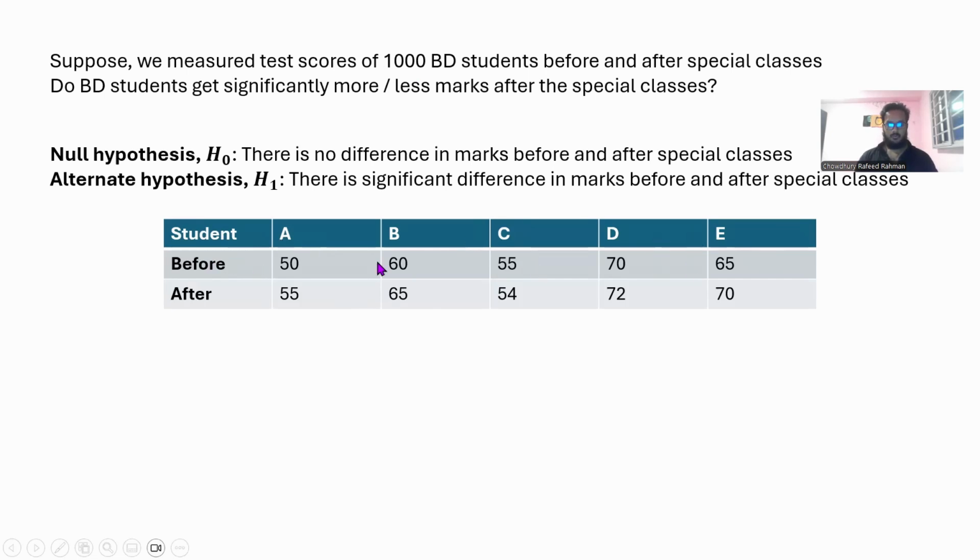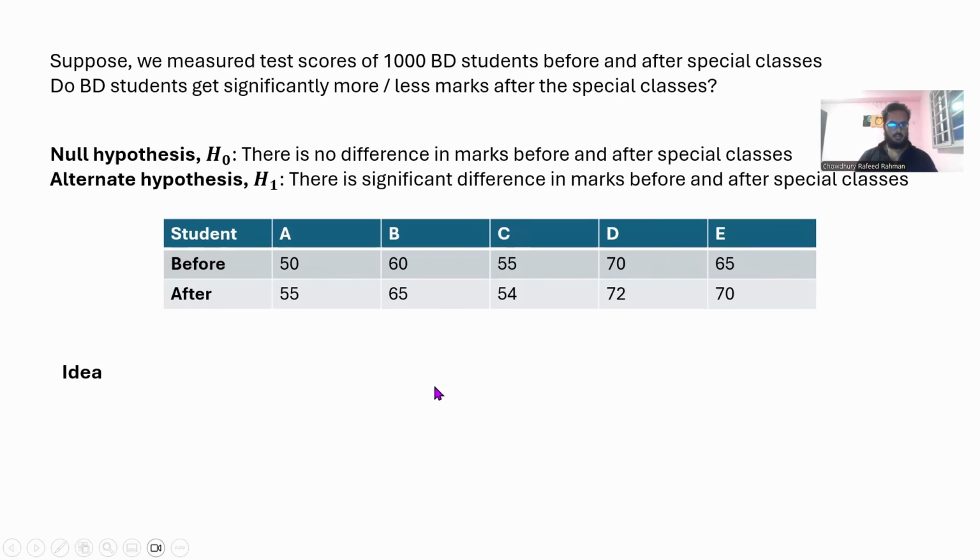These are the before marks and these are the after marks for each of the 5 students. By eyeballing these numbers, we can see that the numbers are growing, but in one case it is also decreasing. But in statistical testing, we are going to objectively determine whether this is significant or not.